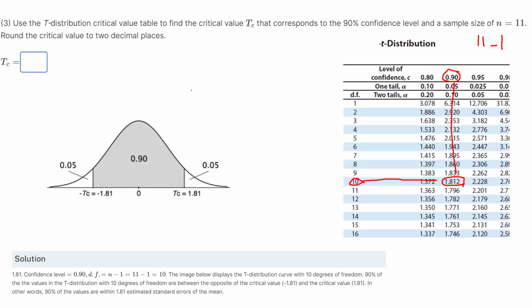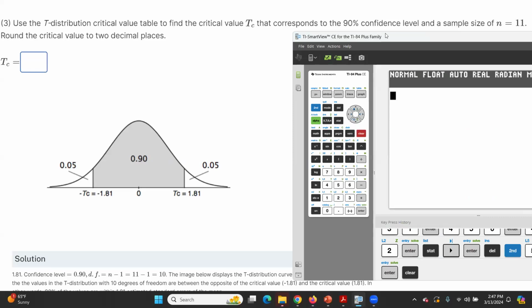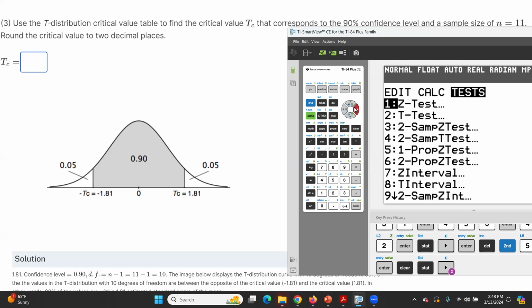So if I ask you to calculate the confidence interval, you can use your calculator. Let me share the screen and show you where to go. You need to go to Stat and find Tests, and then you need to find TInterval, everybody.